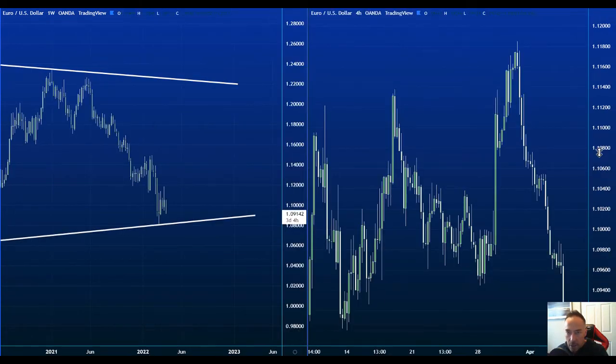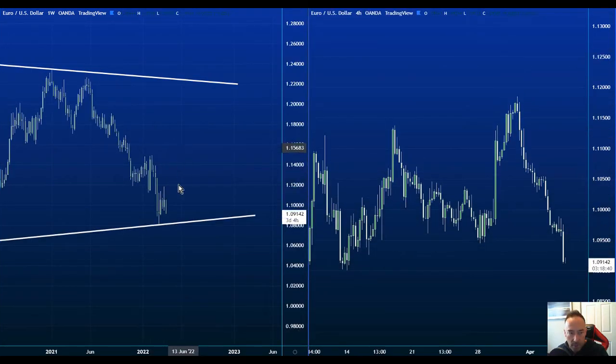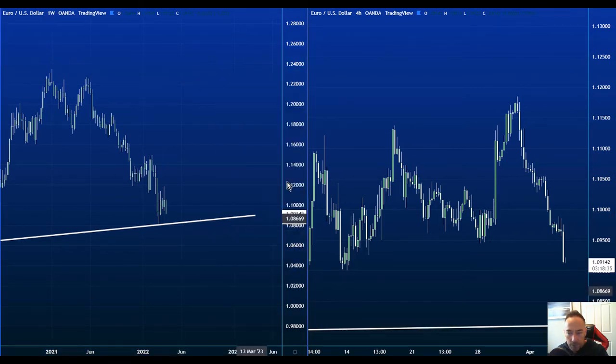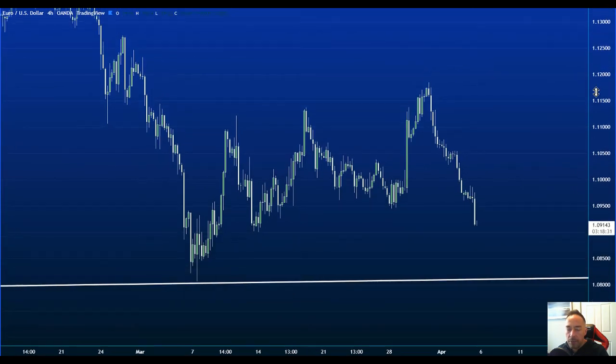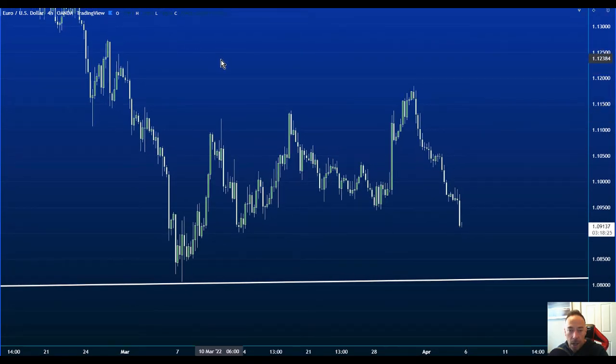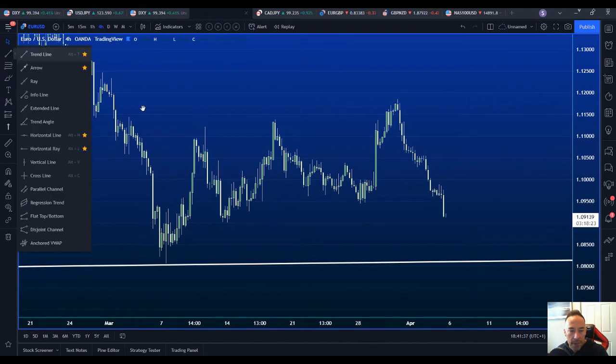Let's have a little look at the smaller time frames. I'm just going to sync these over. Now, we were looking for price to have reversed today, but it hasn't.